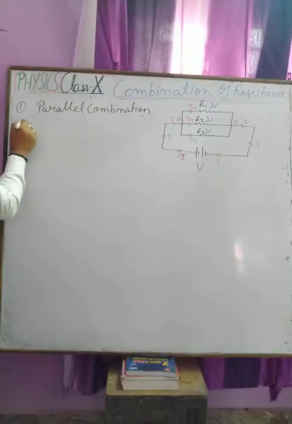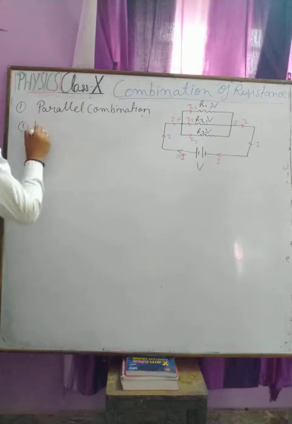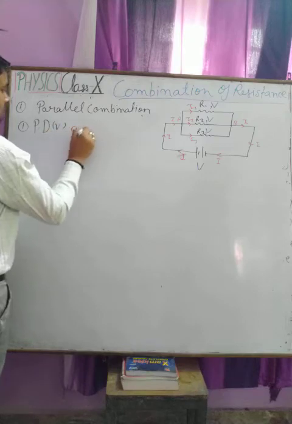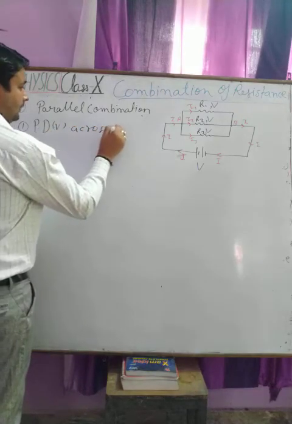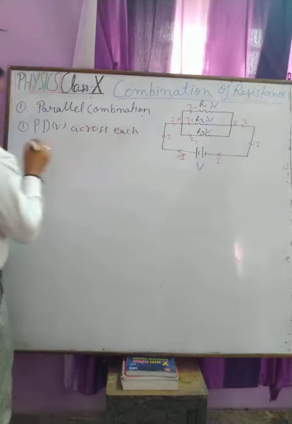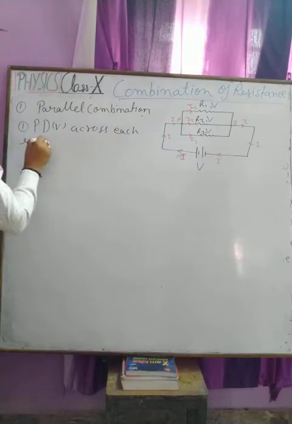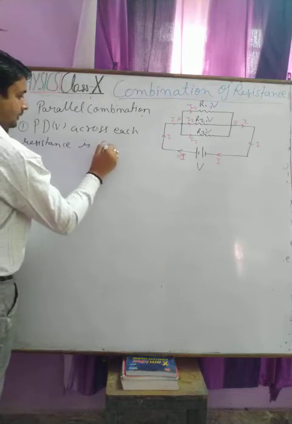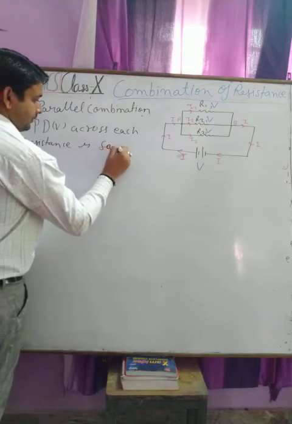Now in the parallel combination, first potential difference V across each resistor is seen.